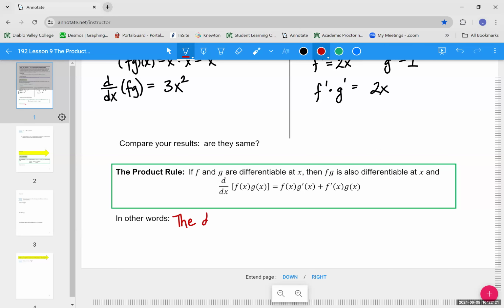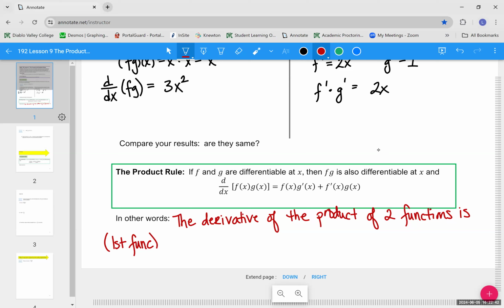So the derivative of the product of two functions is the first function, I'm just going to use func as a shorthand for function, times the derivative of the second function, plus the second function times the derivative of the first.